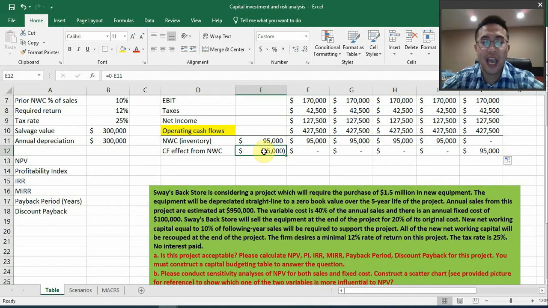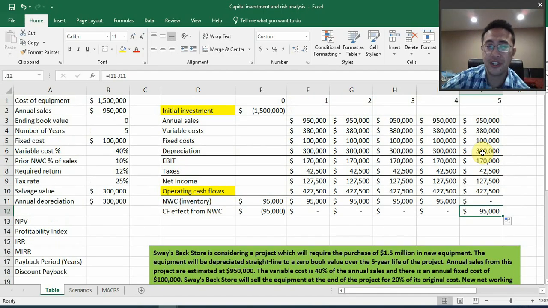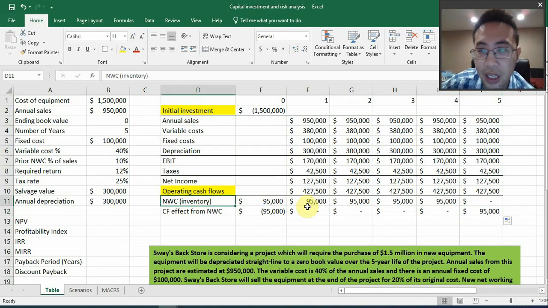So you spend some cash to build the inventory here, and then at the end of the project, you sell off everything and the cash comes back. It's recouped because you sell off all the inventories and other short-term assets. Of course, net working capital like inventory keeps being replaced all the time. You sell or use inventory and keep building more, on and on multiple times in a month or a year.